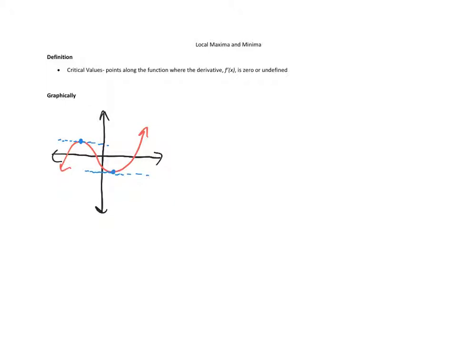The other possibility are places where the derivative is undefined. So let's look at an example of one of those. Let's say in this coordinate axis we had a function that looked like this. And you may be thinking, no, that's actually the absolute value function, or a type of absolute value function.